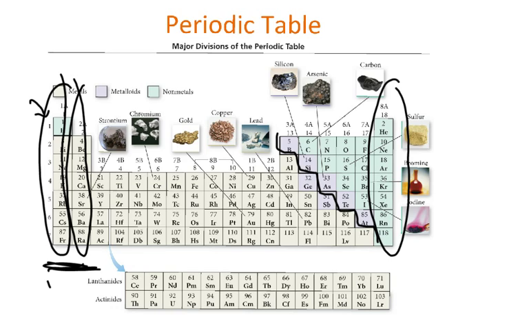In group 7A, these are halogens. So fluorine, chlorine, bromine, iodine. And halogens are oftentimes found as salts, for example, sodium chloride, or they're found bonded with each other like chlorine gas.